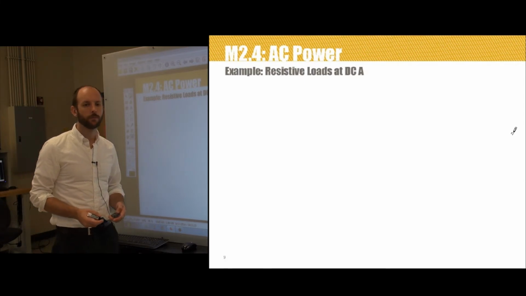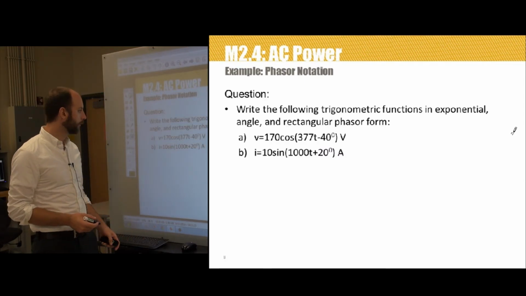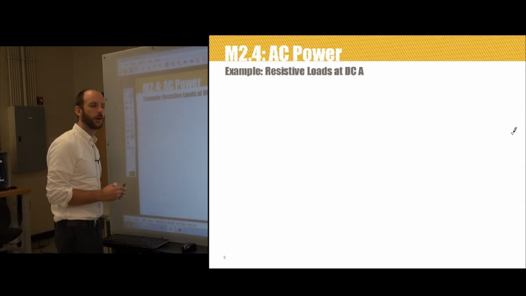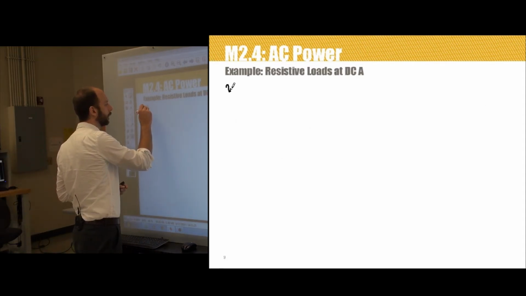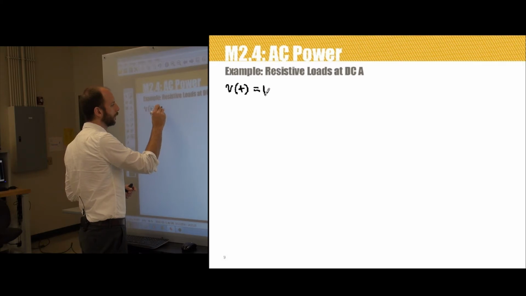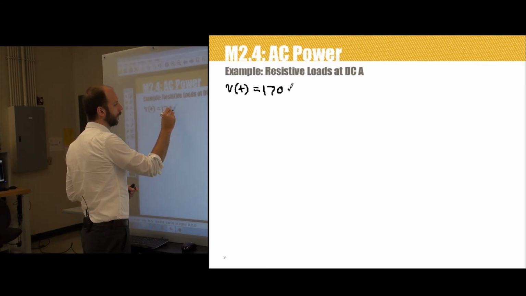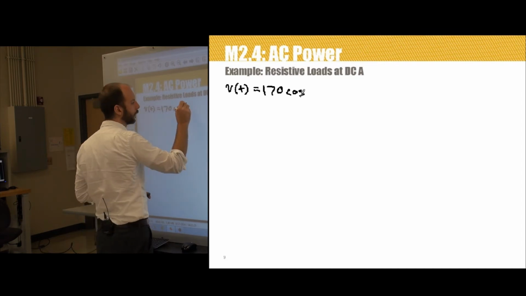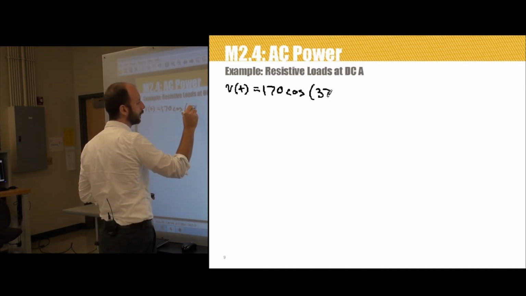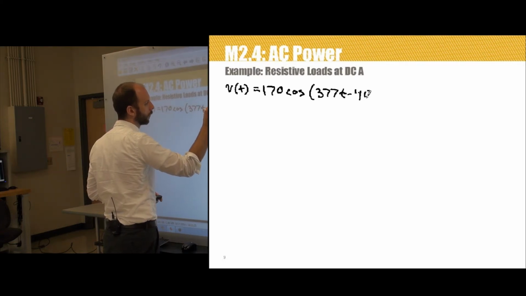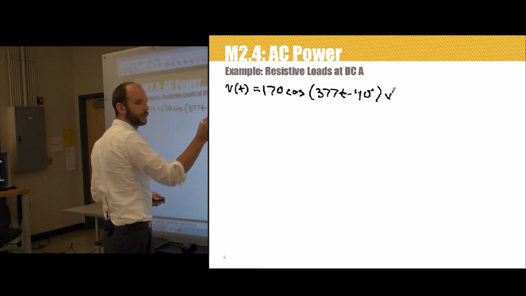So what we're going to do first, I'm just going to rewrite them on this slide. The V of t, the voltage as a function of time, is 170 cosine of 377 t minus 40 degrees volts.